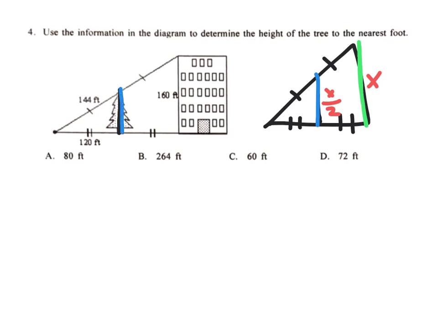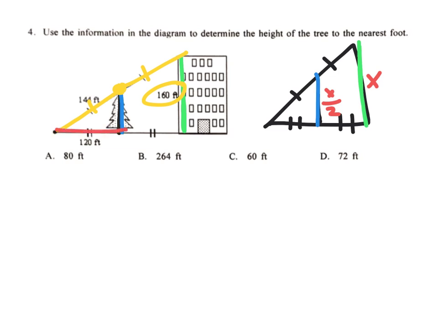We are looking for the height of the tree. We want to determine that to the nearest foot. And we have the height of the building, which makes up like the end of my triangle. I know that building is 160 feet. I know I can use these mid-segment theorems because this part is congruent to that one. So this point here has to be a midpoint.